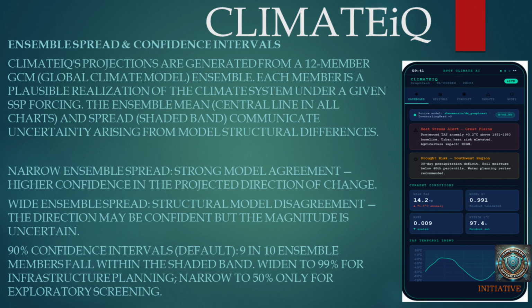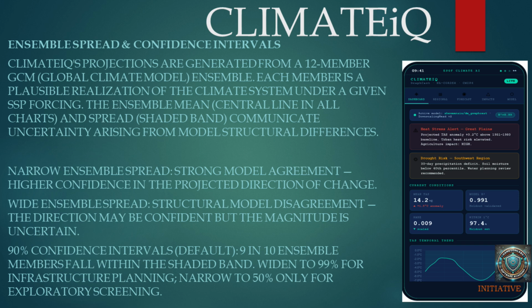Now let's look at the ensemble spread and confidence intervals. ClimateiQ's projections are generated from a 12-member GCM, global climate model, ensemble. Each member is a possible realization of the climate system under a given SSP forcing.